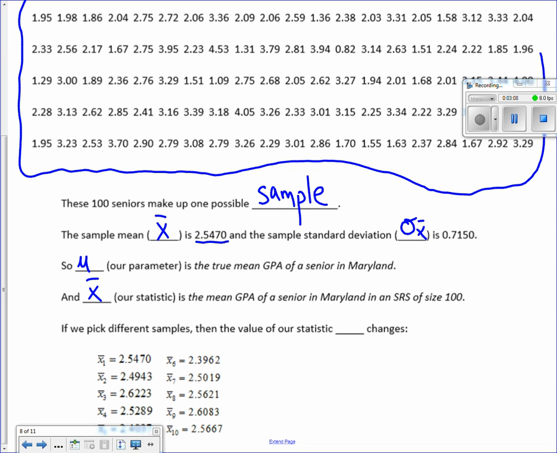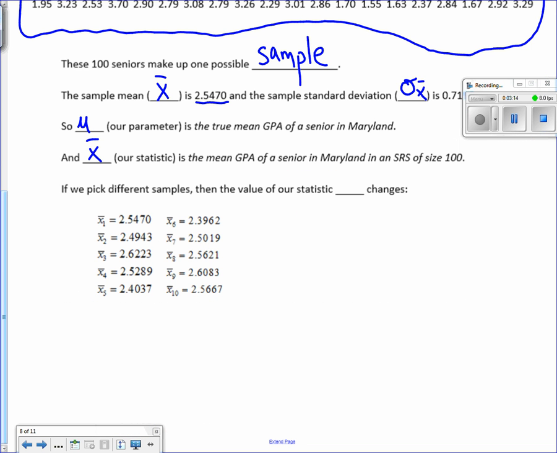This was just one sample, but as we did with the poker chips and the blue bucket, we took more than just one sample. So let's say that I took 10 different samples of size 100 and I computed all of their averages. Then the value of our statistic, x bar, changes with each sample that we draw.